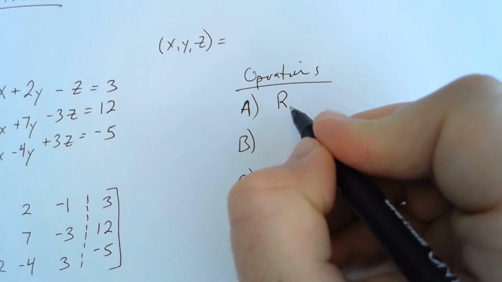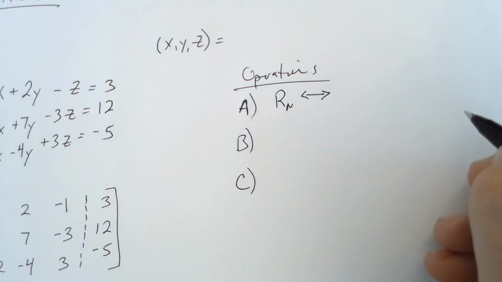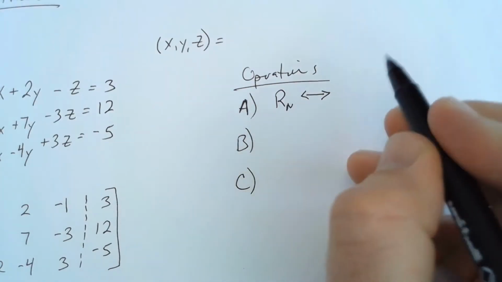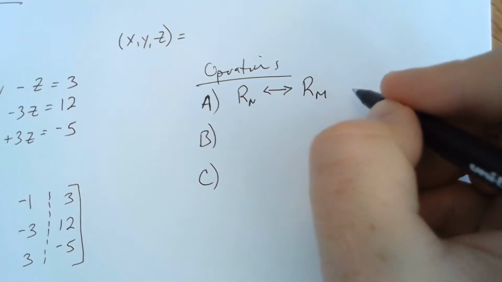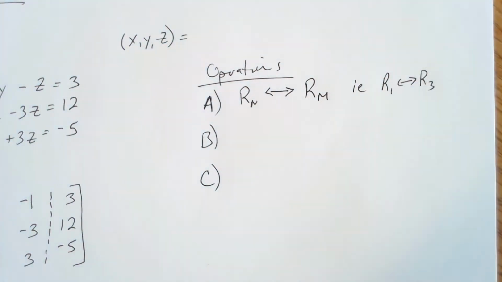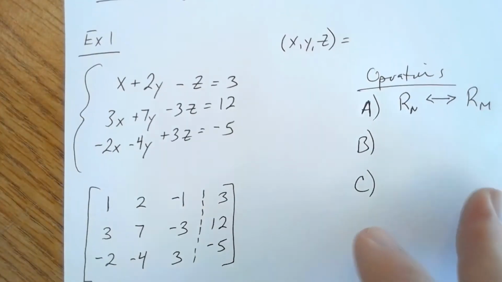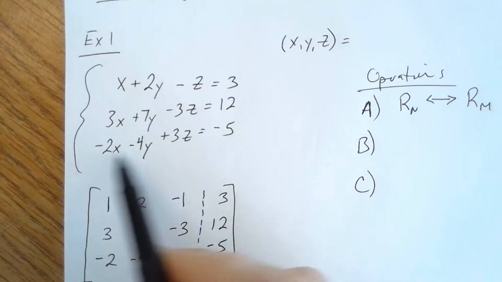I'm going to write row n swapped with row m, that's what that notation stands for. This one's being pushed over here, and whatever's over here comes here. The example would be row 1 swapping with row 3. Now again, I'm not sure when we would want to do this, but you'll notice that swapping a row is simply like moving this equation down to here and this equation up to here.